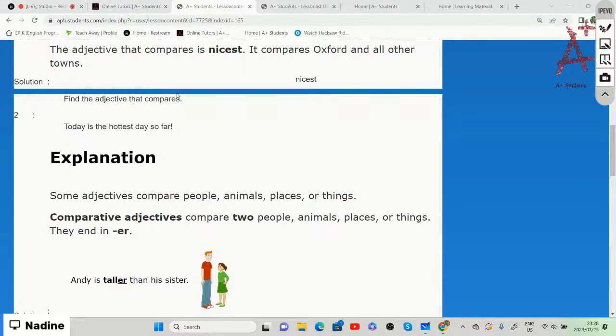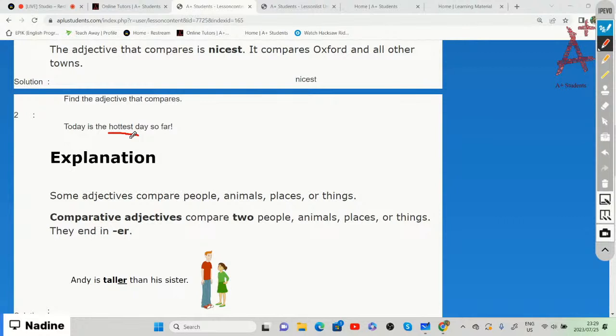All right, so if we look at the sentence once again, today is the hottest day so far, then we are going to select hottest as the adjective that compares, right? Because this is basically saying that it is the hottest day, maybe in the whole week.